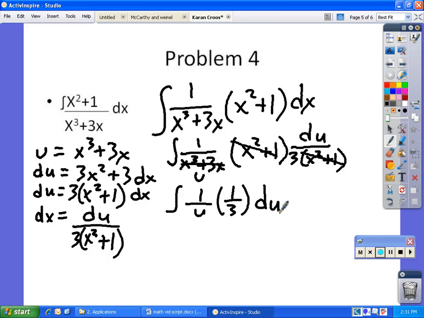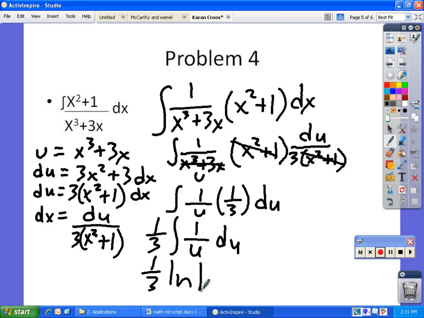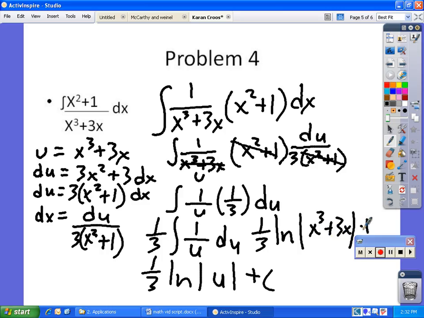What you do next is you take out the 1/3 and you get the integral of 1 over u du, and then after that the integral of 1 over u is ln|u| + c, and then the final answer you should get is 1/3 ln|x³ + 3x| + c.